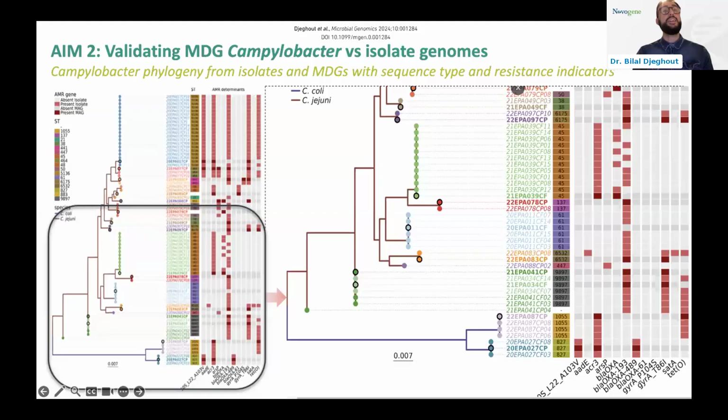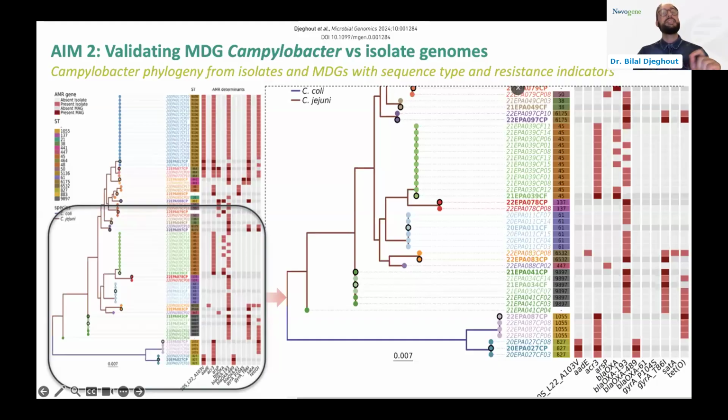So when zooming in on a specific case shown in green, where genomes from multiple isolates and the corresponding MDG cluster closely together, sharing the same sequence type, this validates again our characterization of Campylobacter in the metagenomes.